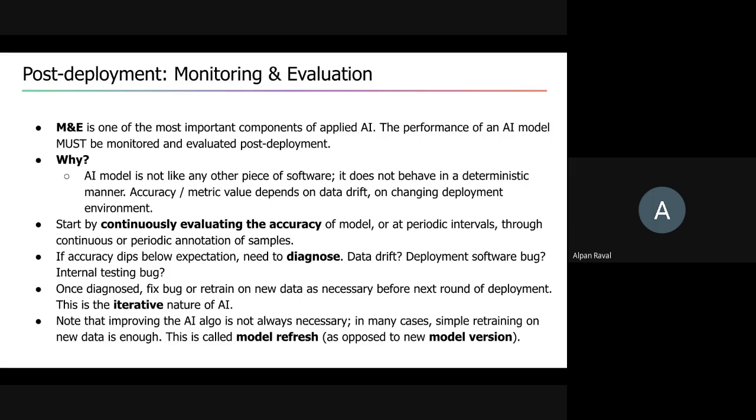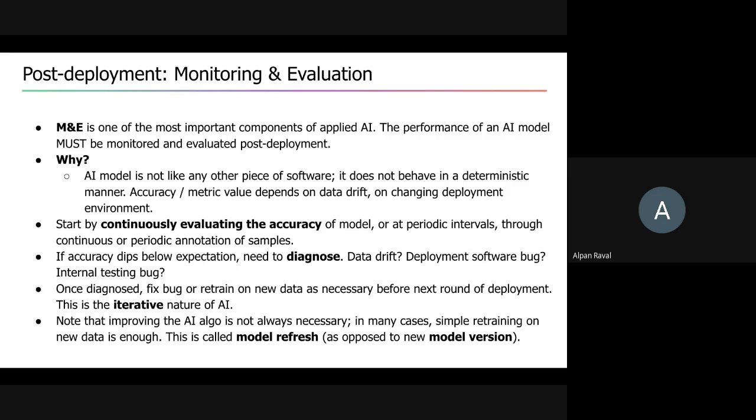But there are ways of judiciously choosing a sample of the data, annotating that data, labeling it, and knowing the output of the AI on that data, and then comparing the two to evaluate the model. And this has to be done in a fairly continuous fashion. And we have to develop systems to do this, which we don't have in our organization as yet. So this is something we really need to set up.